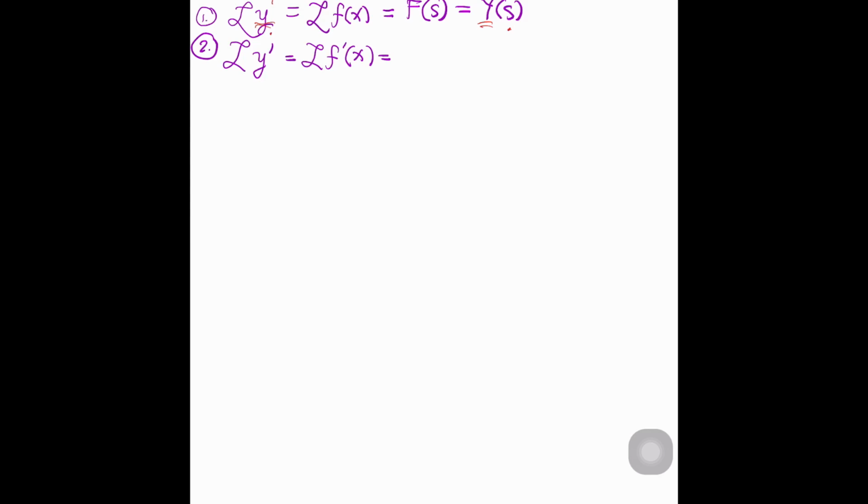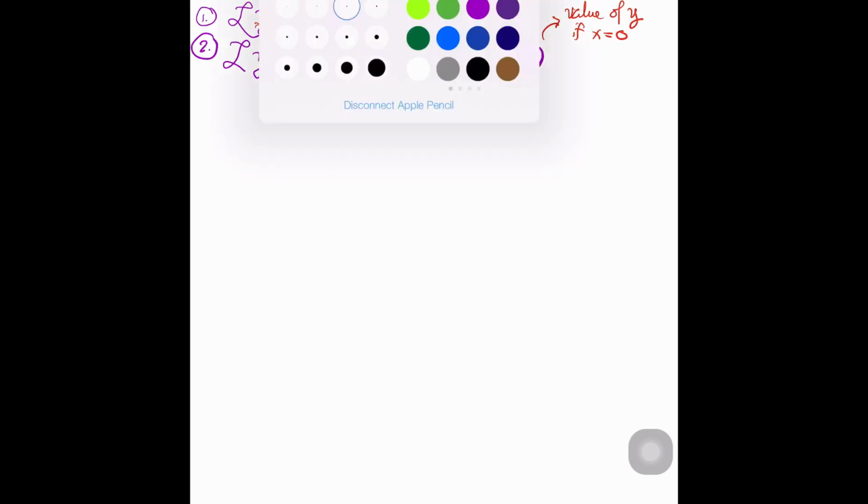So the value of the first derivative is s y of s minus y of 0. So what does y of 0 mean? This means the value of y, or the independent term, if x is equal to 0. So that's a value.